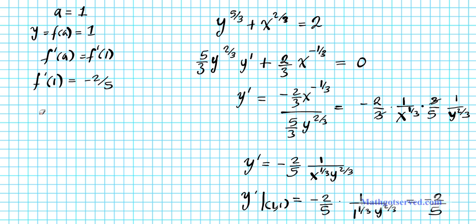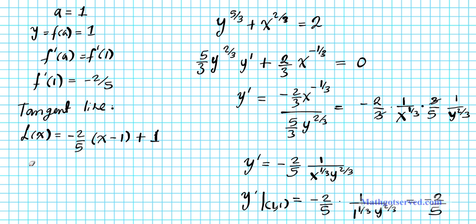Go ahead and write down the tangent line. We decided to call it L of x, which is equal to f prime of a, which is negative 2 over 5, times x minus a, which is 1, plus f of a, which is 1 also. This is the equation of my tangent line. You can call this y, f of x, whatever you want; I like to call this L of x.